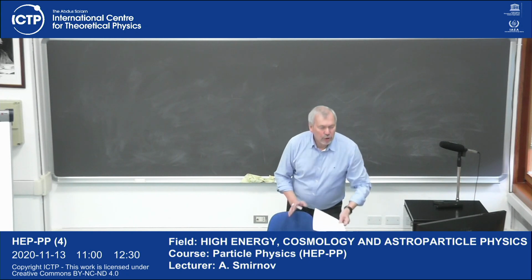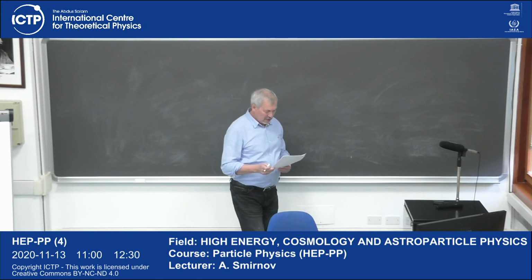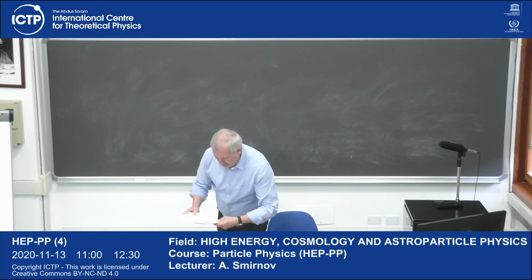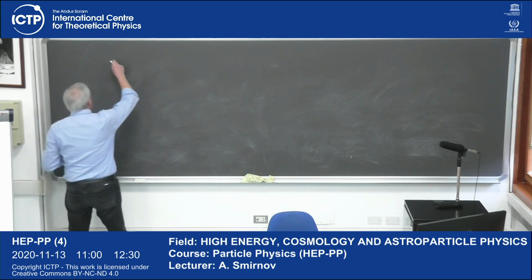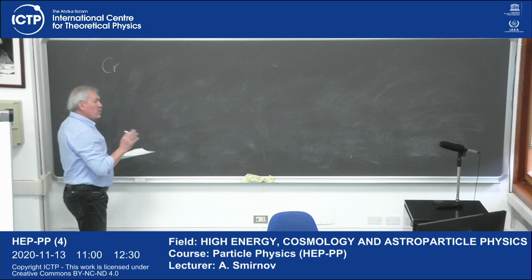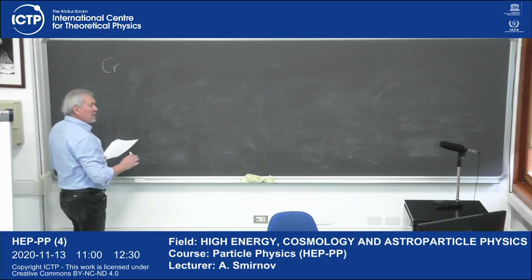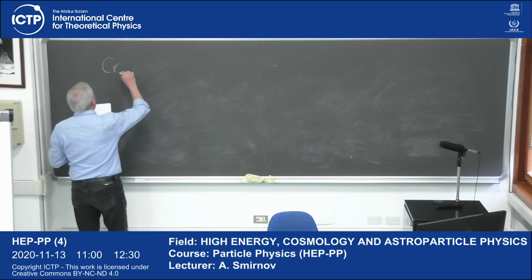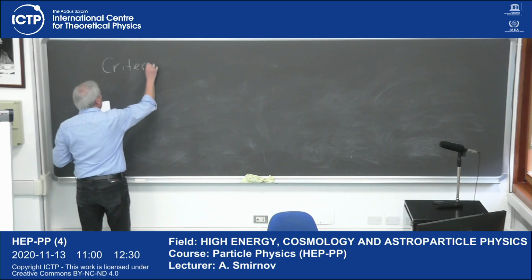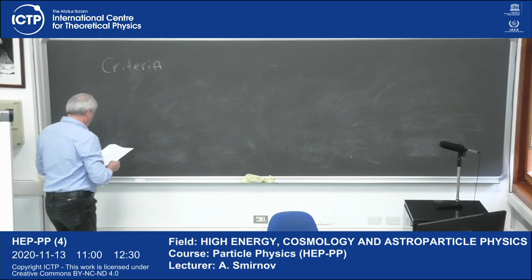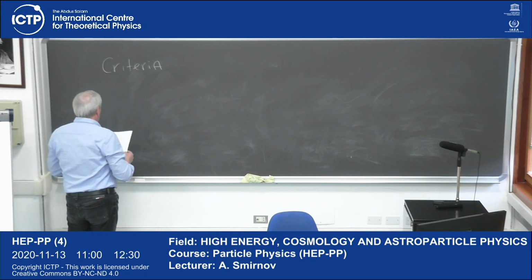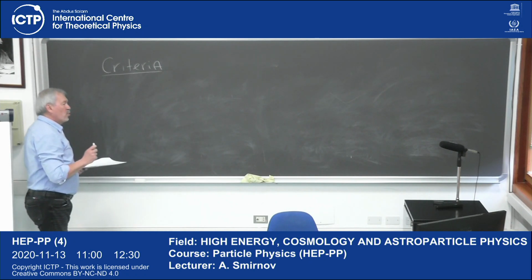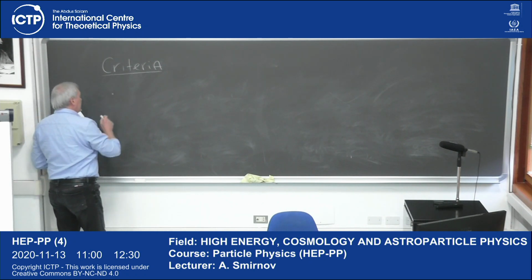So what is the real, final proof of existence of the neutrino as a particle? There were some criteria which should be satisfied to prove that the neutrino is really a particle and not some kind of phantom phenomenon. To show that the neutrino is a true particle, one needs to prove that this particle propagates, right?